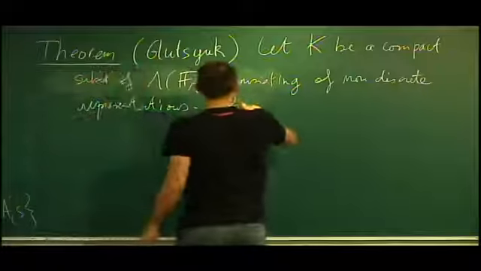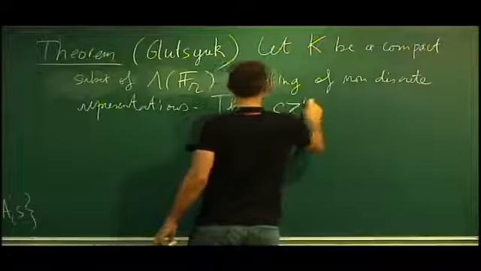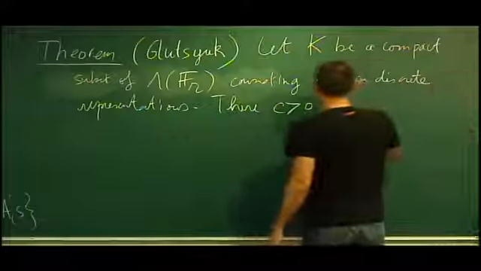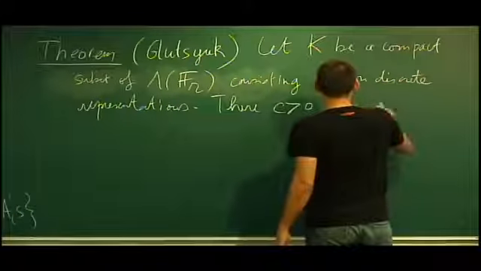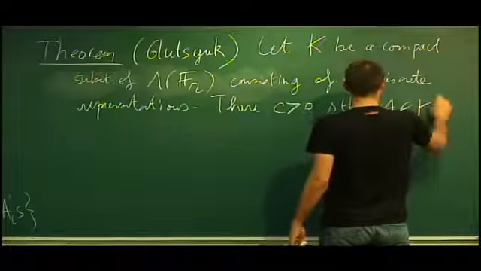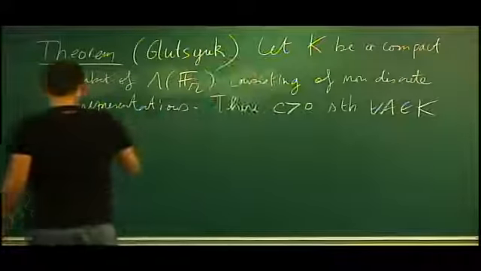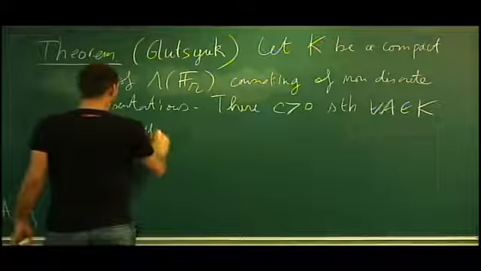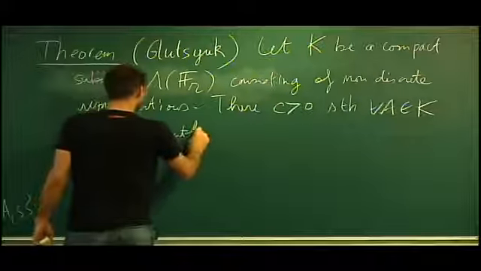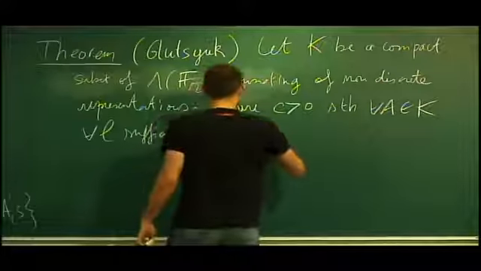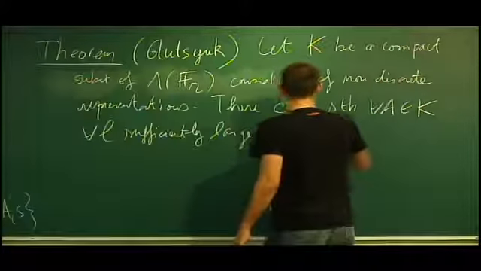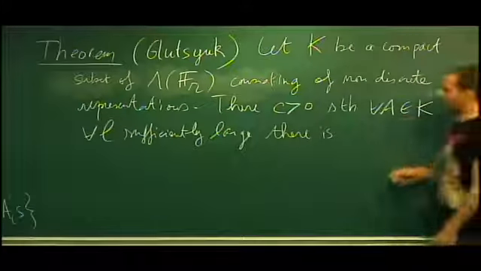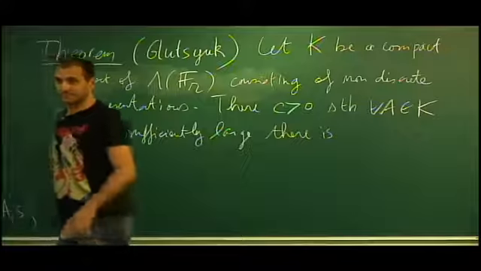Then there exists a positive constant C such that for every A in the compact set, and for every integer L sufficiently large, there is a representation. I think of A as being an R-tuple.